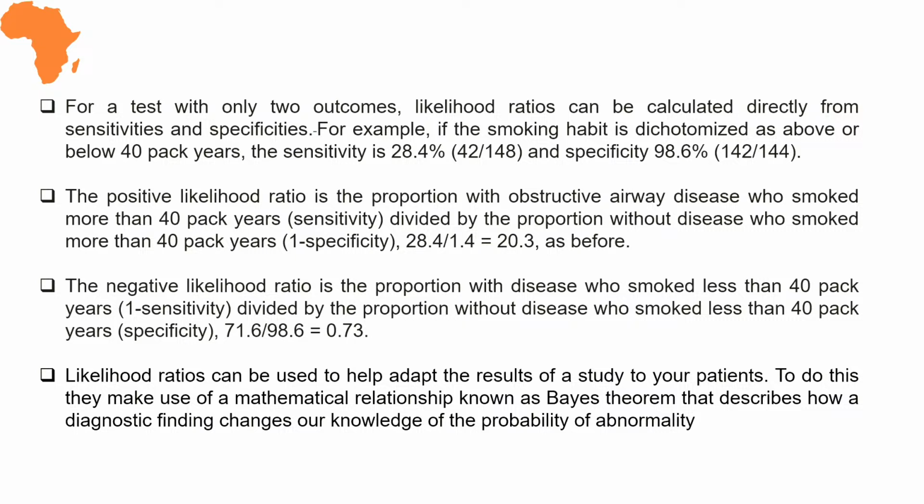Likelihood ratios can help adapt the results of a study to your patients. To do this, they make use of a mathematical relationship known as Bayes' theorem, which describes how a diagnostic finding changes our knowledge of the probability of abnormality. We have a prevalence that is known as a prior.